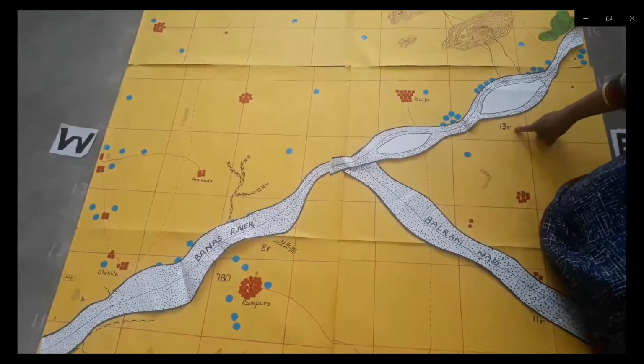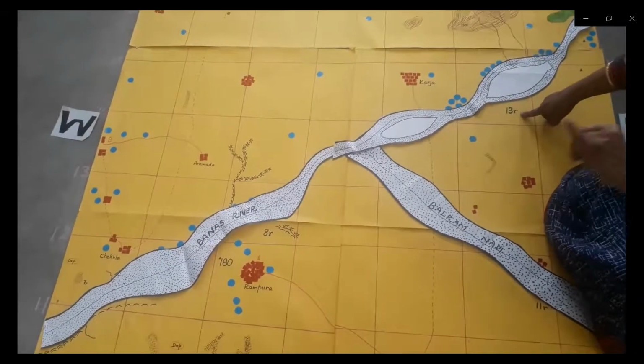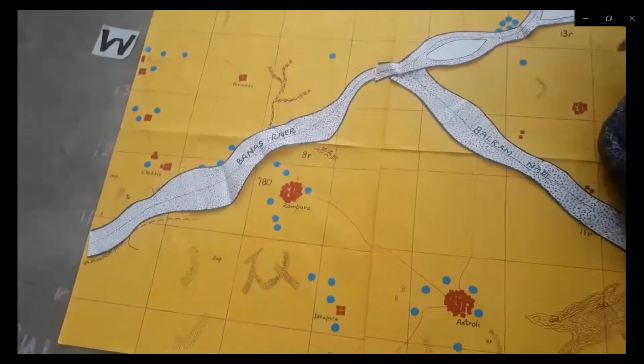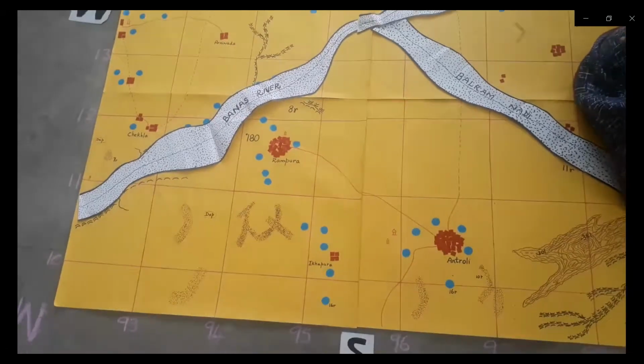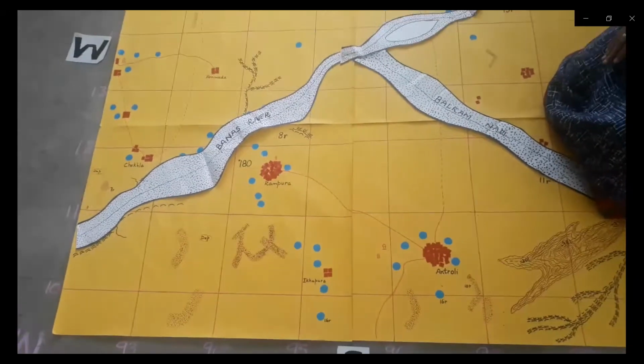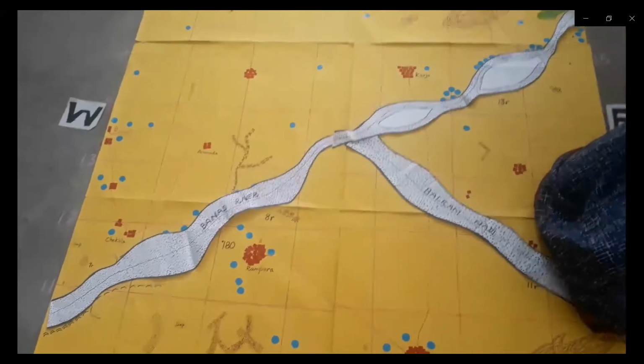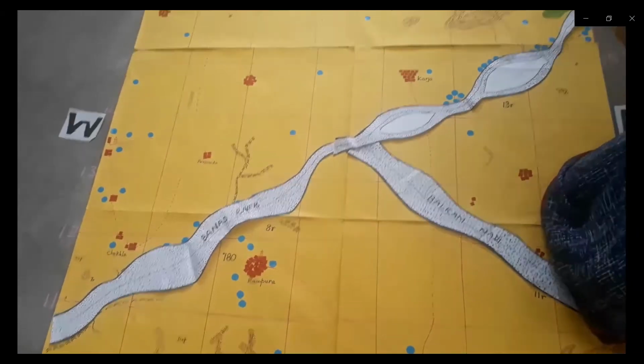Then the relative height values given are also decreasing this way. That means this is a higher region and that is a low region. Clear, children? So these two tell us the slope of land, this is a higher region and that is a low region.